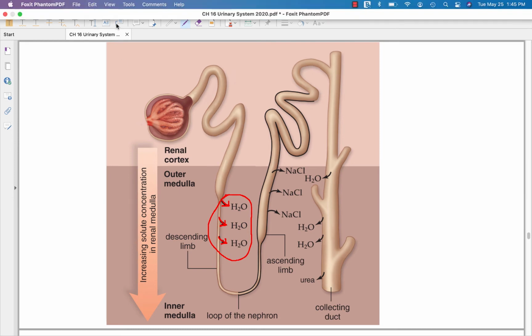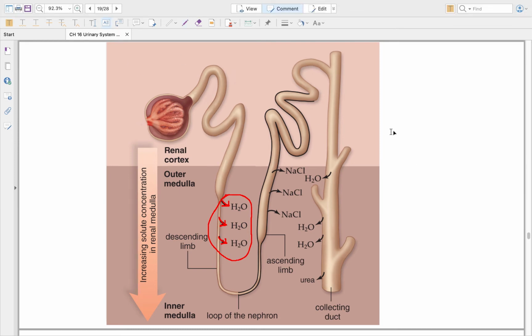which tell us, if you remember from earlier chapters, that water will always move across a permeable membrane from a region of high solute concentration. Remember, these brackets mean concentration.